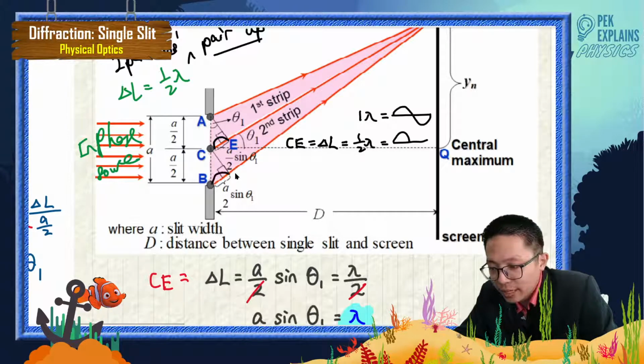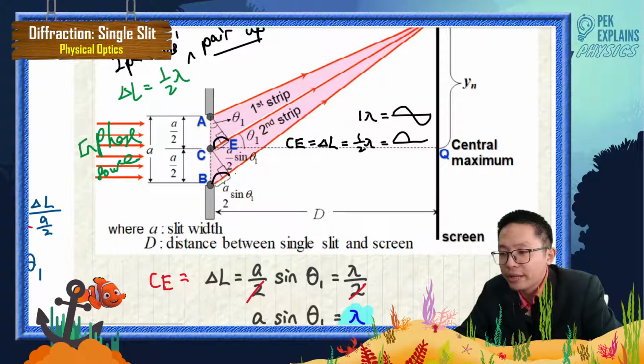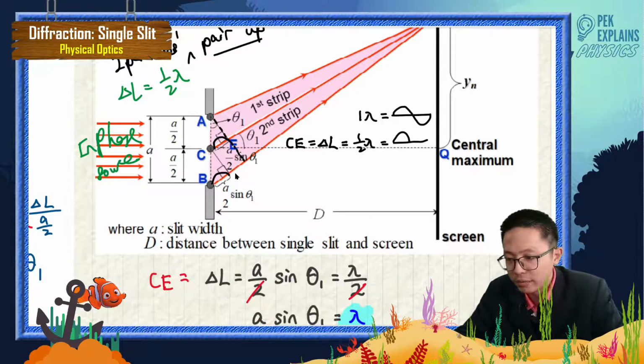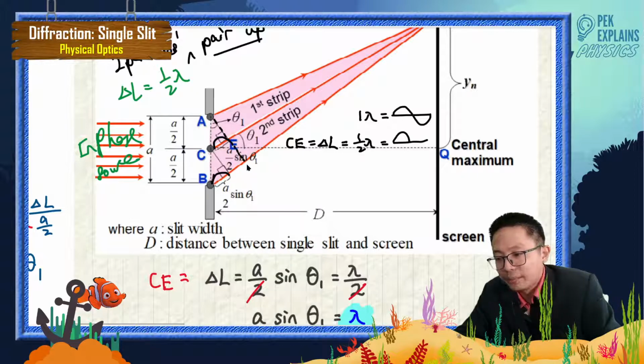Here is another half lambda. So if we drag this down directly downward, here is already half lambda, and then C to B is also another half lambda. So combined, until here is 1 lambda.